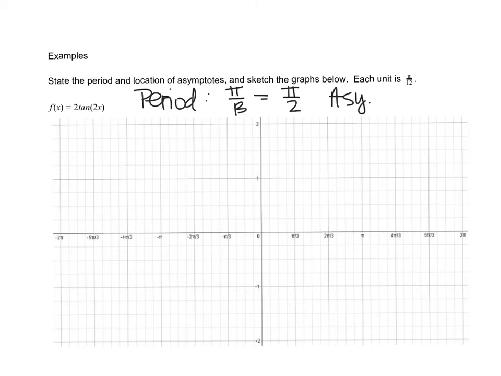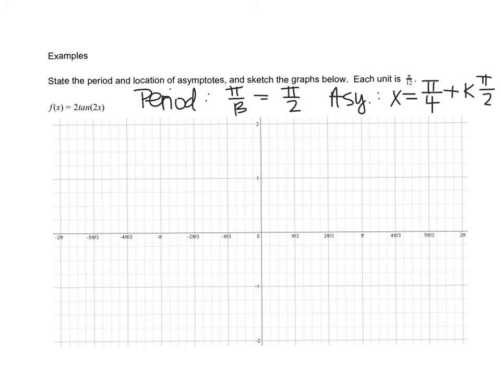So instead of being at pi over 2 and multiples of pi after that, we're actually going to be at x equals half of pi over 2, which is pi over 4. And instead of multiples of pi, we'll be in multiples of pi over 2.